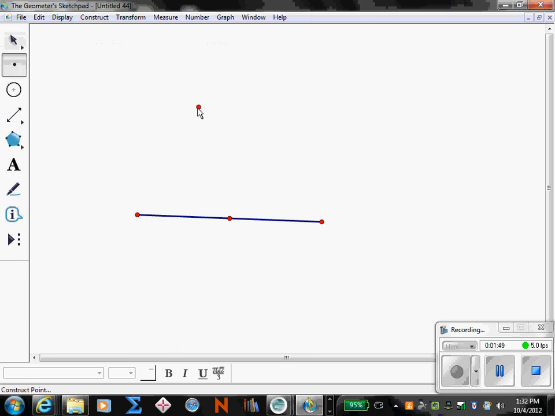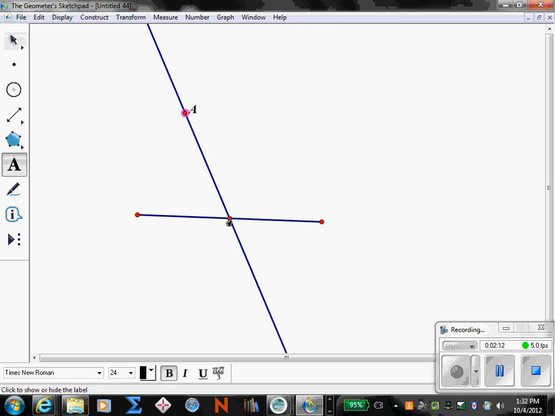So I'm going to put another point somewhere, and then I am going to connect the 2 points, and I'm going to make mine a line. Okay, so there we have it. So this line right here, and I am going to give these 2 points a name. So my line AB is a bisector of line segment CD.